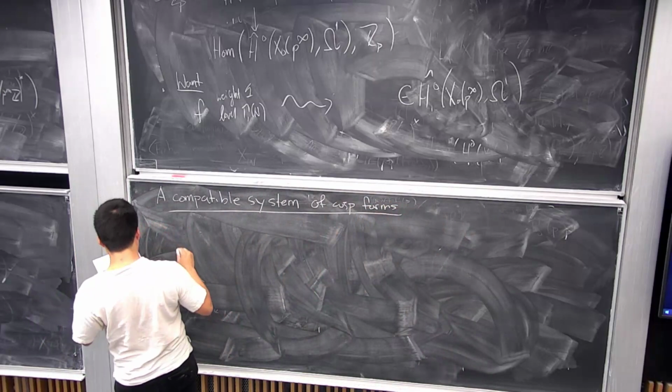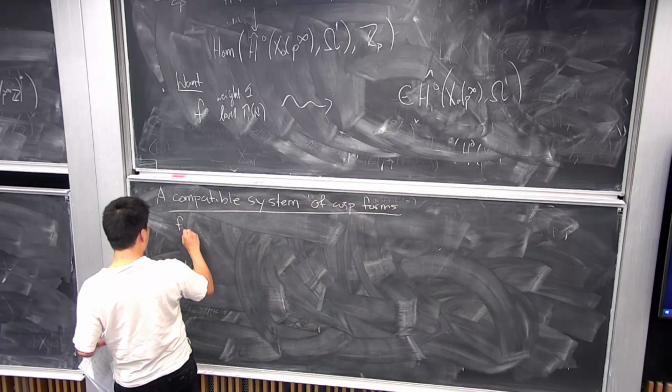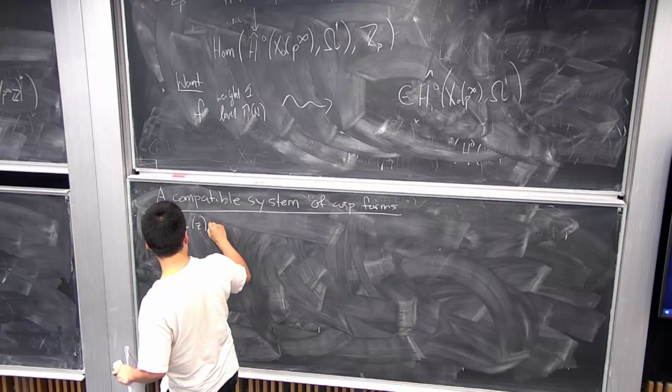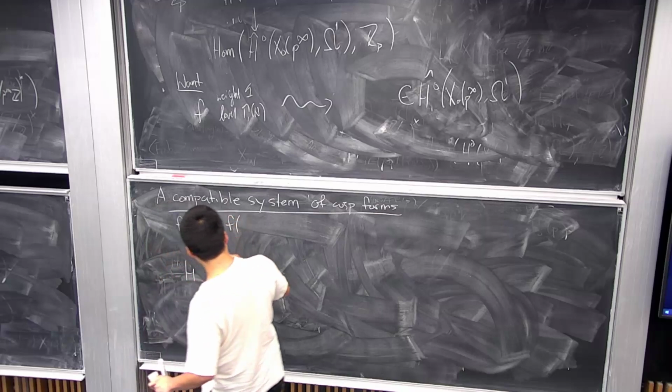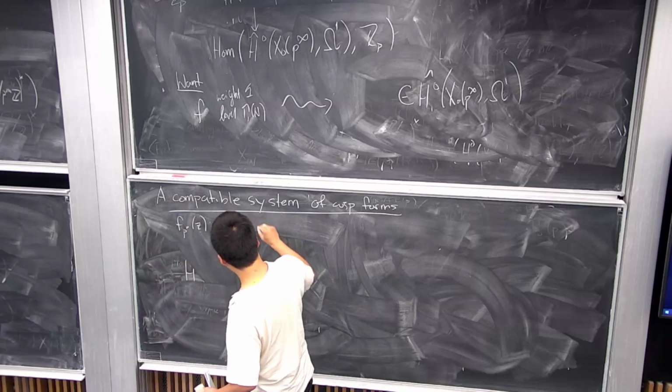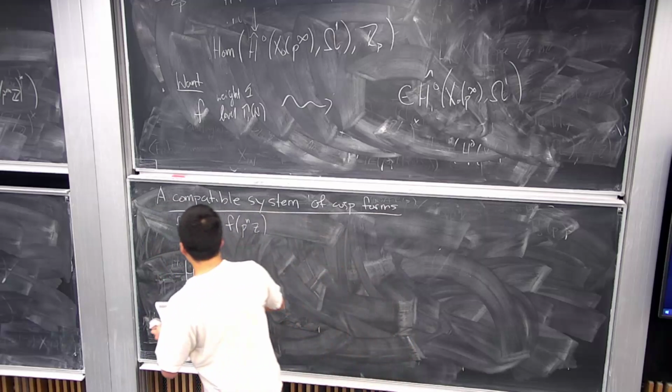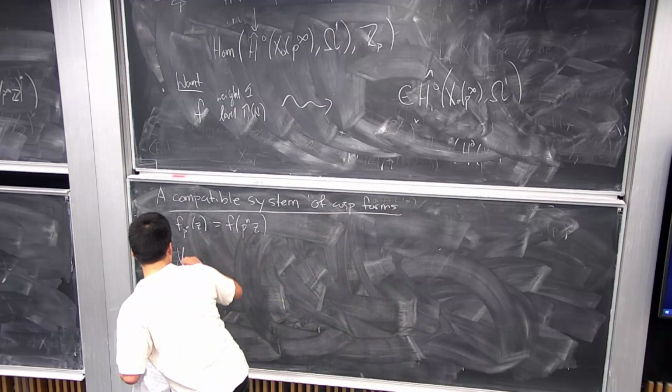I'm going to do something similar to before, where I apply some form to some power of P on the argument. And then I look at the space of modular forms generated by these things.